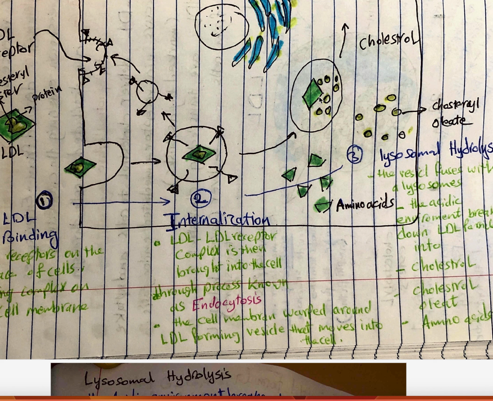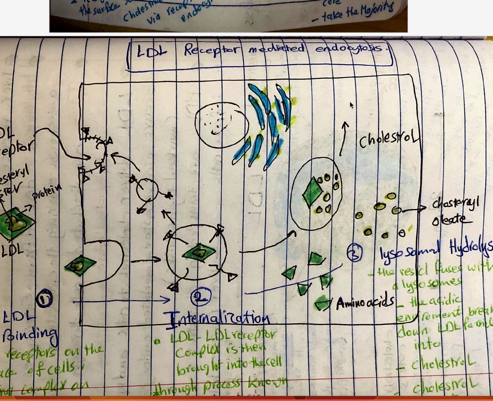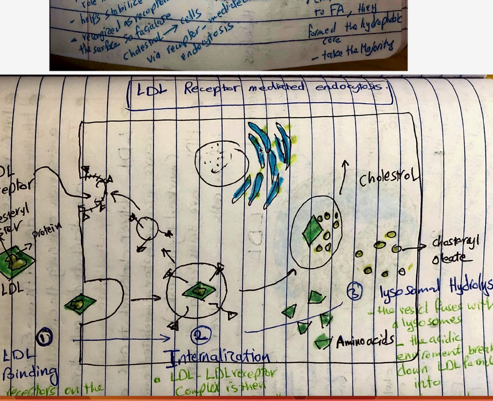As you can see here, these are amino acids, and these are the cholesterol oleate and the cholesterol compounds. So with this hydrolysis, the amino acid, cholesterol oleate, and the cholesterol will go inside these cells. And by this mechanism, that is how the low density lipoproteins transport the cholesterol from the liver to the cells.